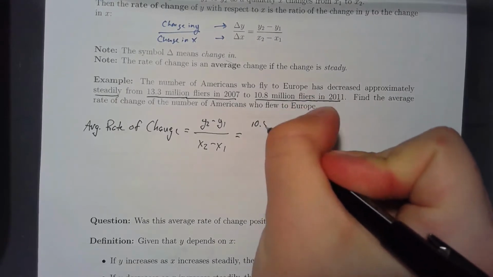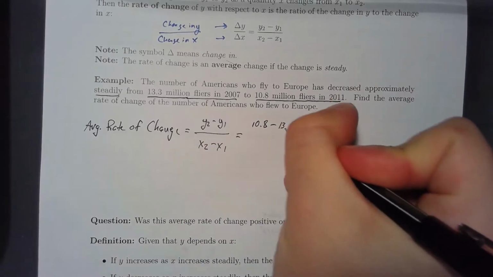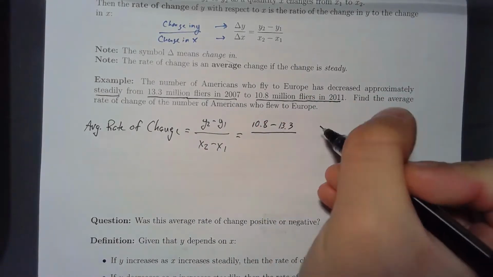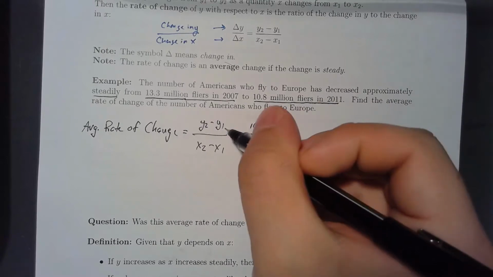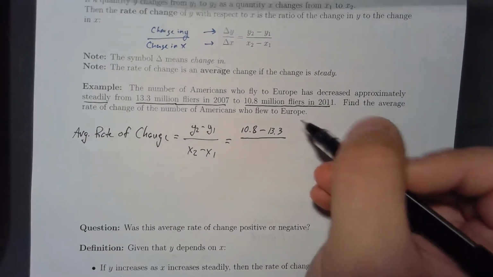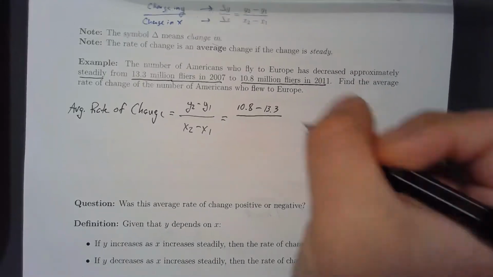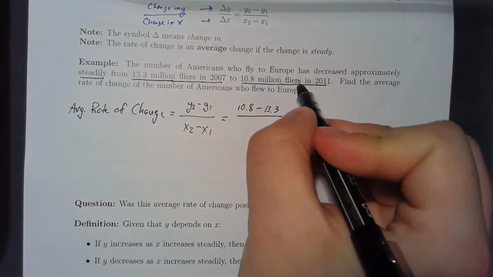So 10.8 minus the first one, which is 13.3. Now what I'm going to do here that I haven't been doing with the slope formula is include the units, because that's important when we're looking at rate of change. Dollars per hour, miles per hour, the units are important. So these values represent million flyers.